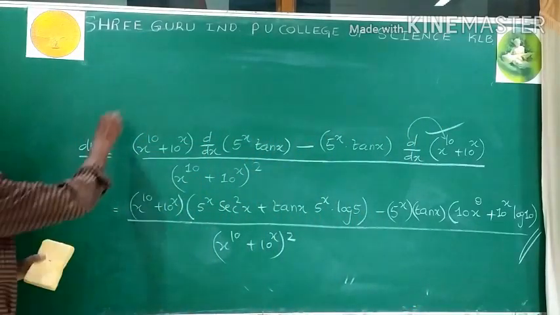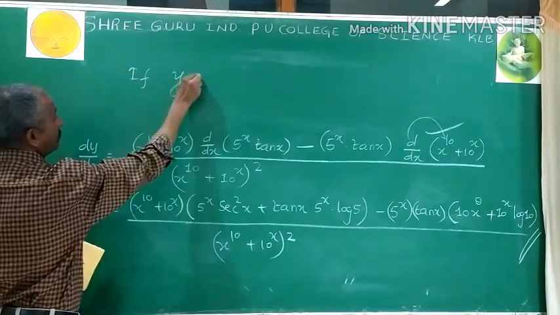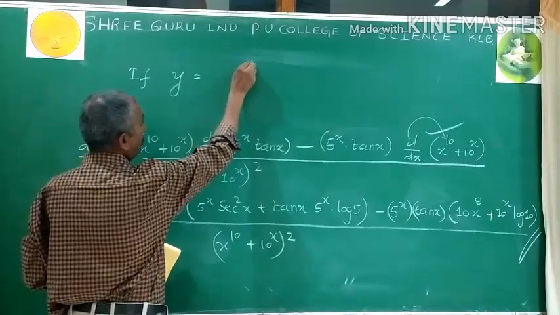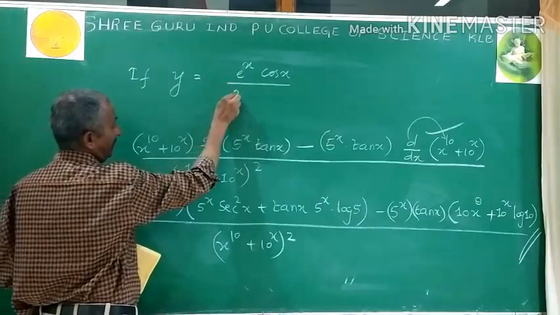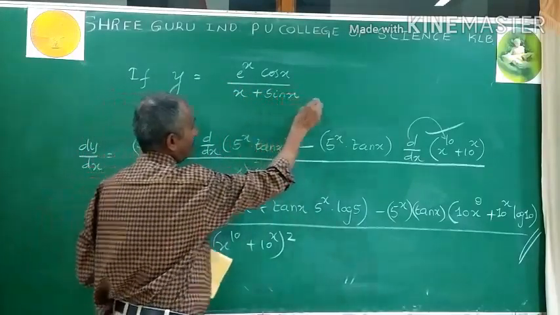If y equals, so next question, if y is equal to e power x cos x divided by x plus sin x, find y dash.